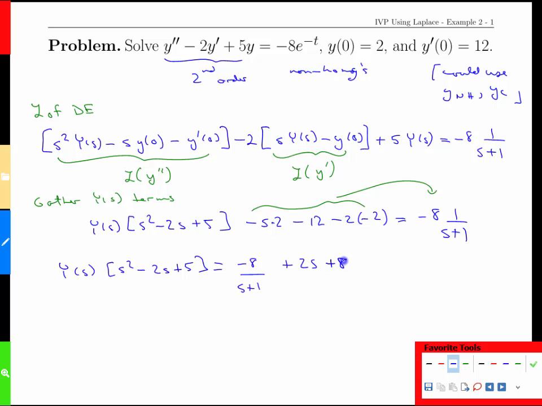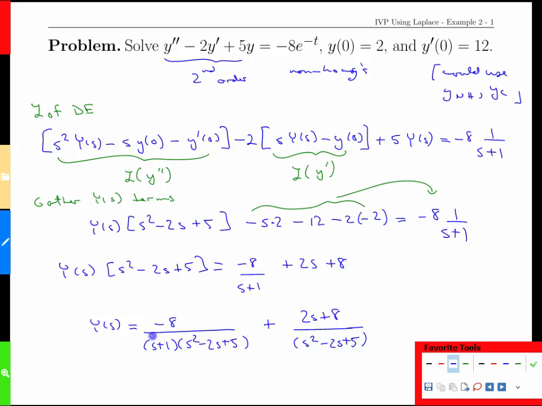It'll give us plus 8 on the far side. And our final product then is Y of s equals negative 8 over (s plus 1)(s squared minus 2s plus 5), and the 2s plus 8 all over the s squared minus 2s plus 5.